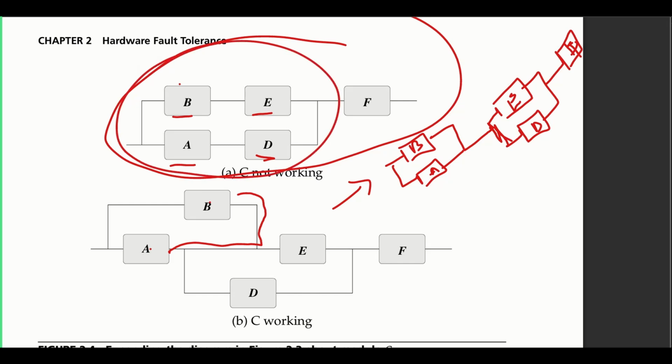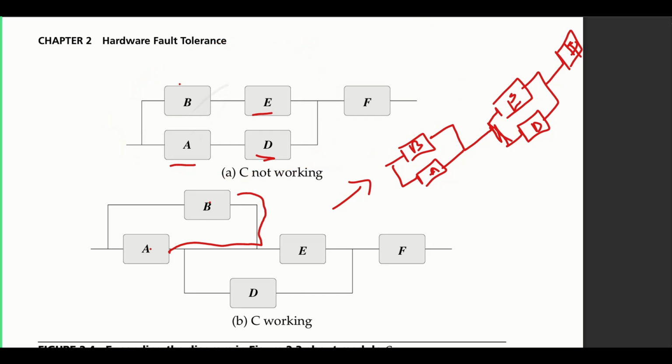Let me use this diagram to explain. The top one and the down one are said to be in parallel because, when you consider a unidirectional flow, the function flows through them and meets at one point.